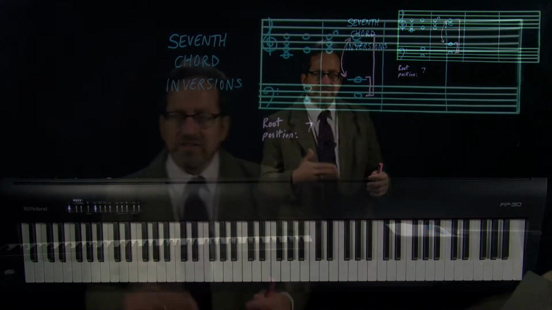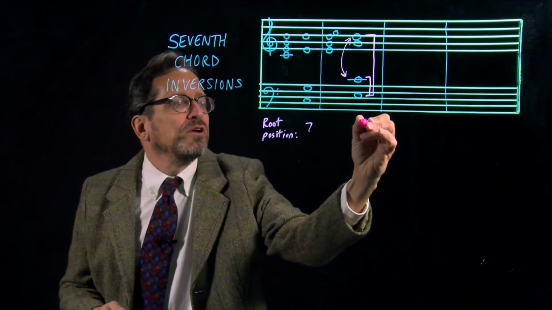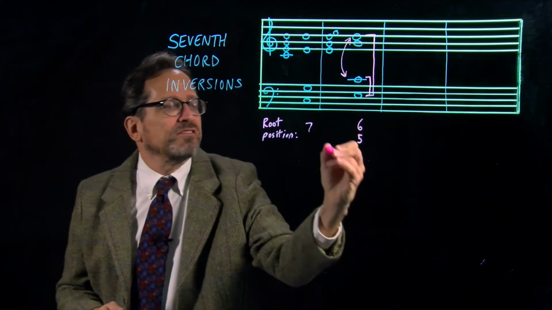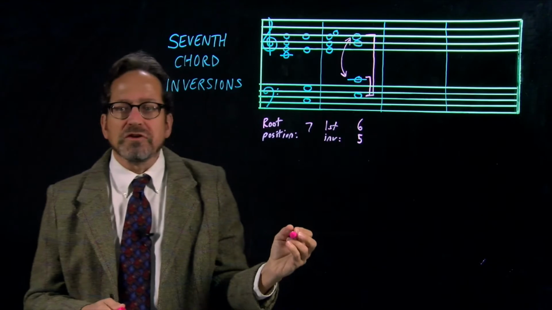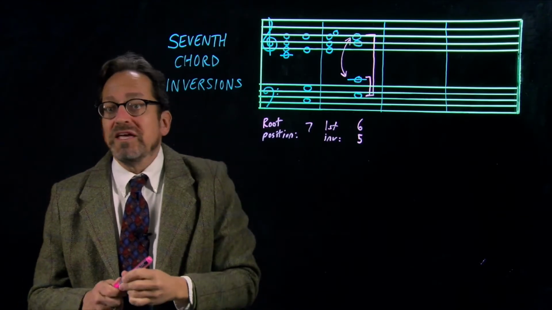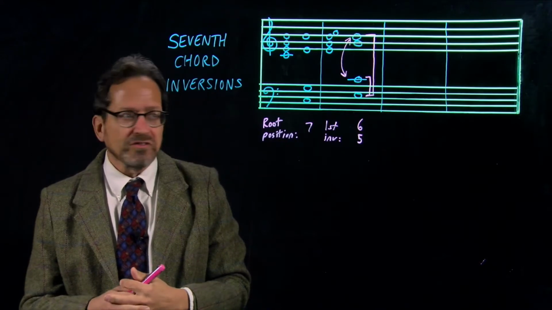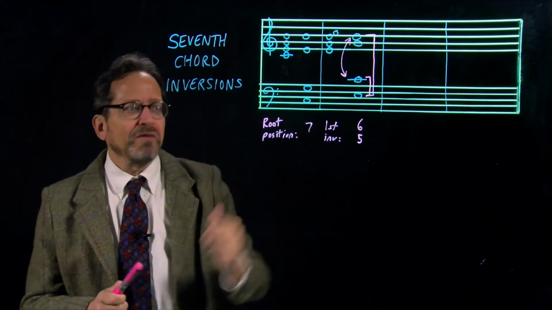So because we have a sixth above the bass and also a fifth above the bass, we represent that with the numbers 6, 5 for first inversion. Now, implied in this is the fourth voice in the texture. We have a sixth above the bass, we have a fifth above the bass.